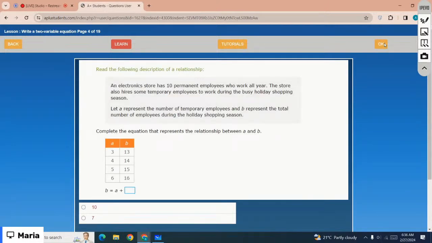An electronics store has 10 permanent employees who work all year. The store also hires some temporary employees to work during the busy holiday shopping season. Let A represent the number of temporary employees and B represent the total number of employees during the holiday shopping season. So which is the correct option?